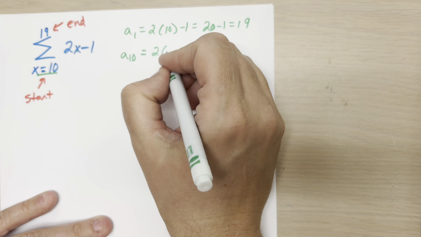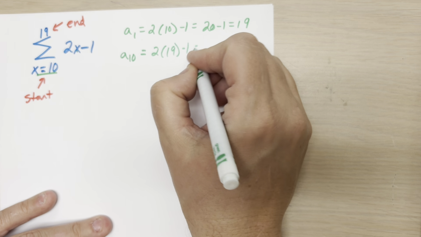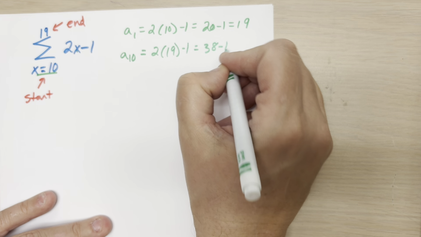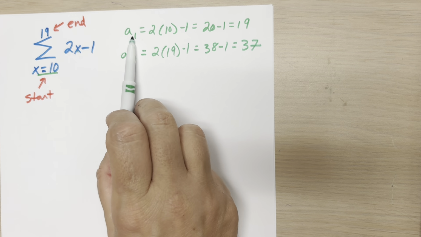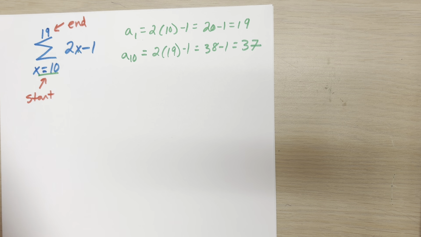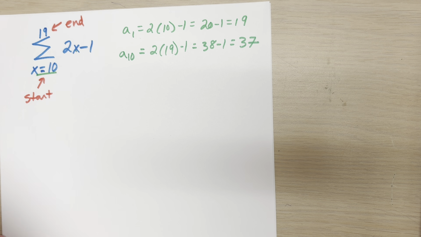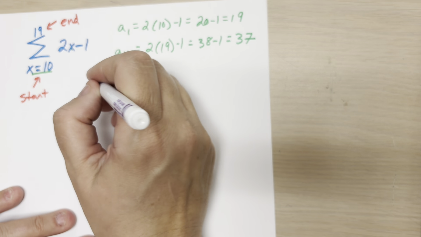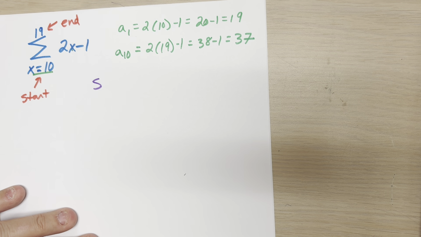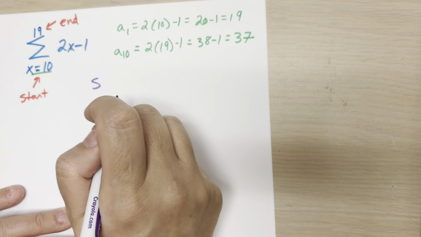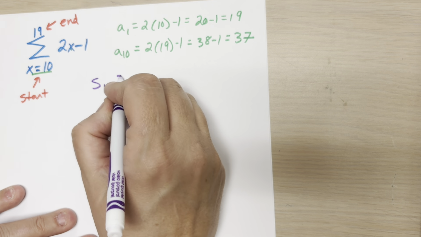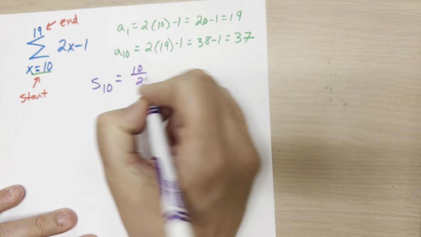We're going to go 2 times 19 minus 1. So 38 minus 1 is 37. All right, so I've got the first term and the last term. That means I can go ahead and use that other equation. So S sub, how many terms do we have? 10 is 10 over 2.